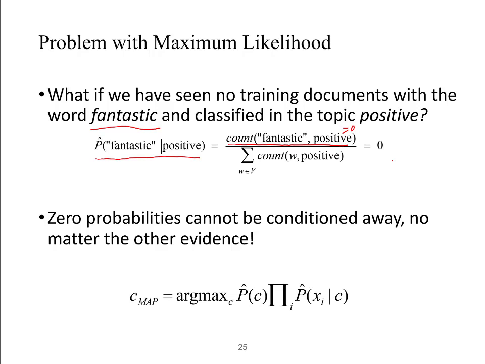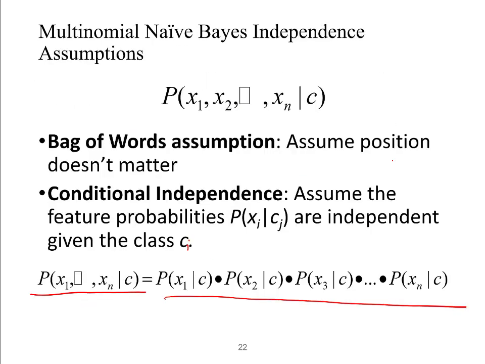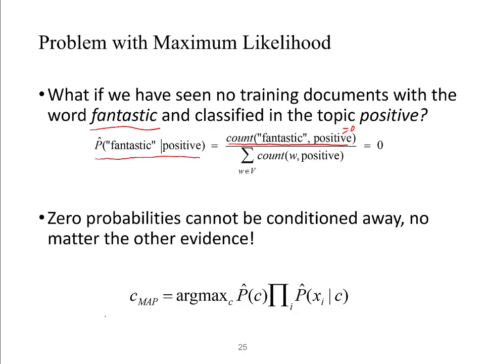No matter the other evidence, it means that if this is 0, no matter how large other probabilities are, the probability here would be 0. And this apparently is not what we want.